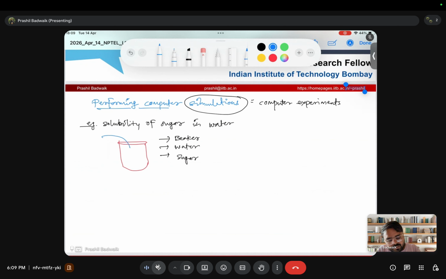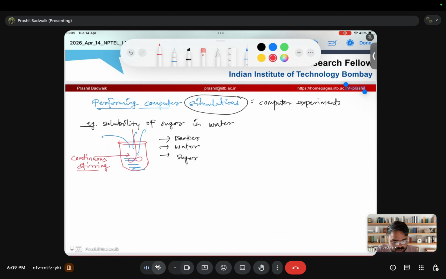I will keep on adding sugar to the water and stir the solution, continuous stirring, right? I'll keep on dissolving the sugar.